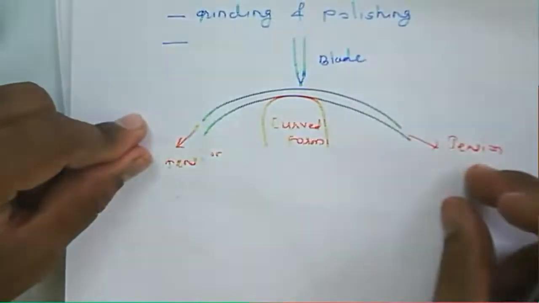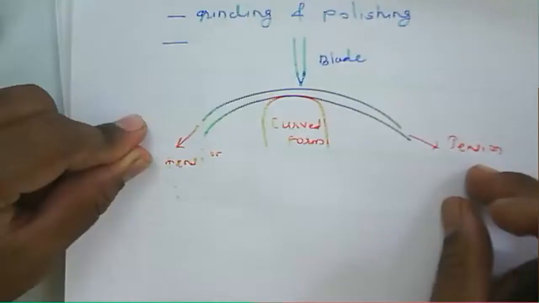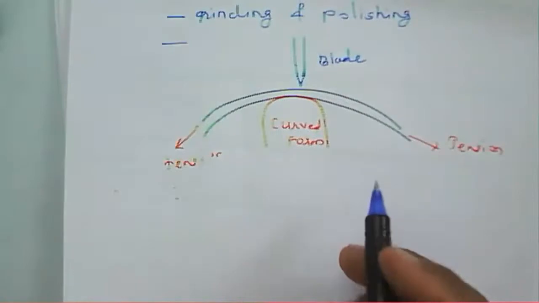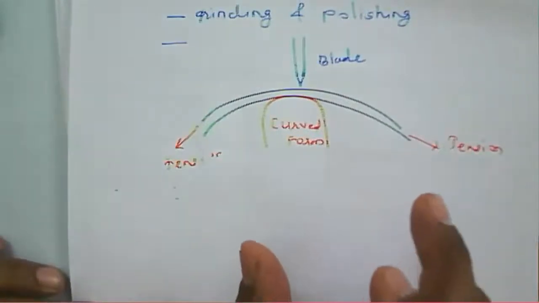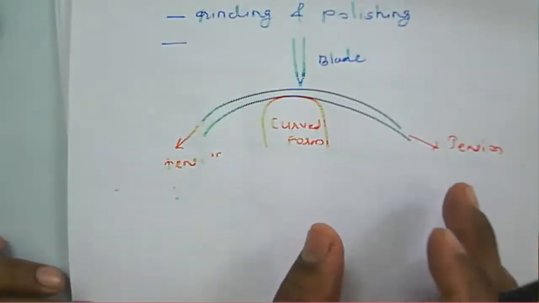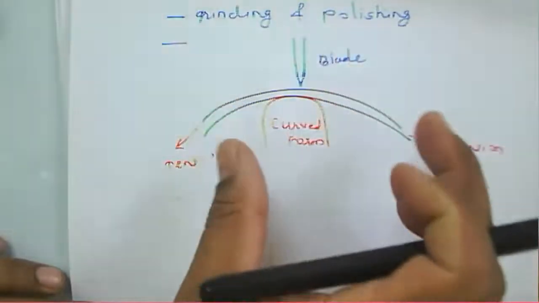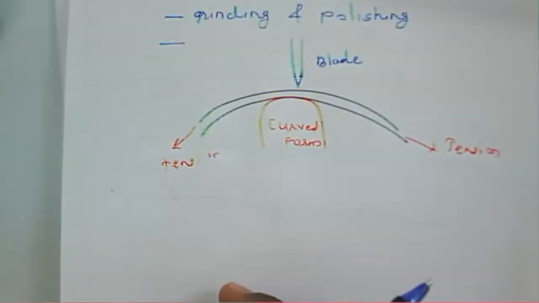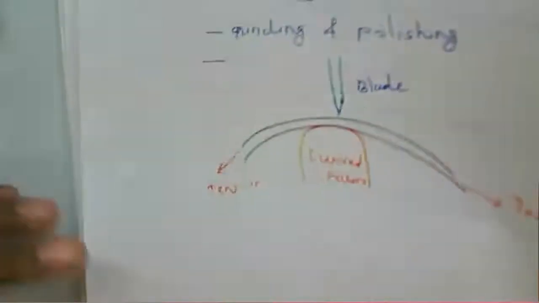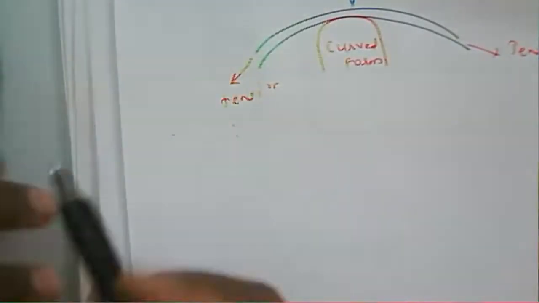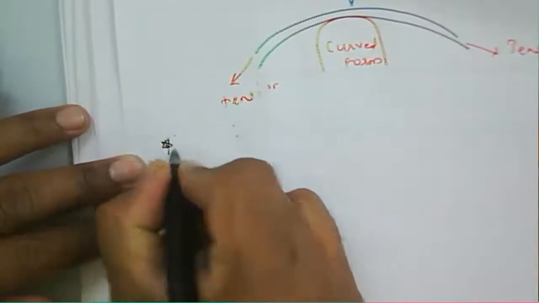Tension is applied, and at the same time we apply the blade and cut the fiber so that the section is cut properly. Then we are able to connect the two fibers. Next, about the fiber splicing technique.